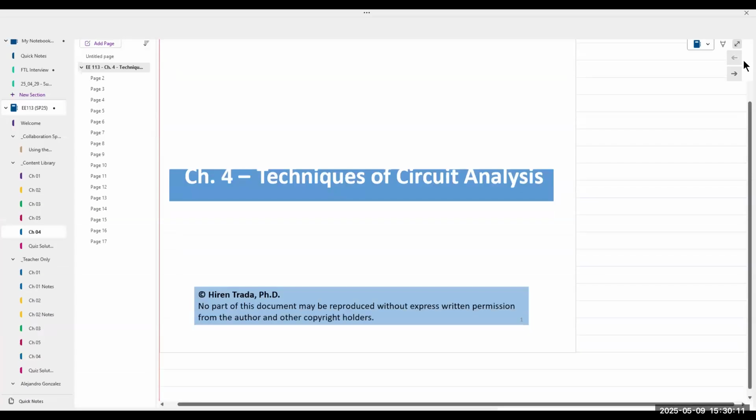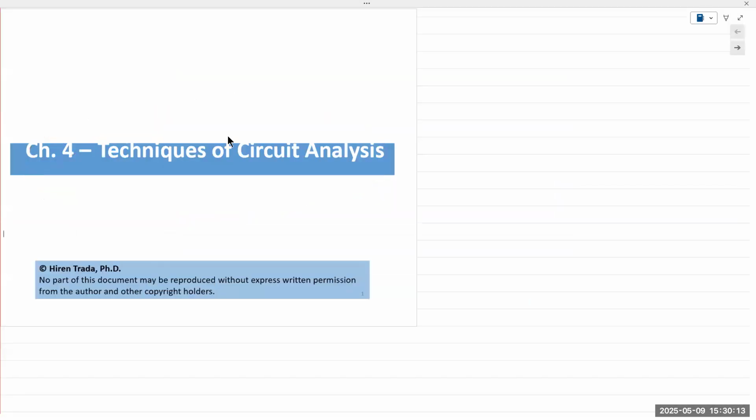Our book calls chapter 4 techniques of circuit analysis. And here is where we learn about node voltage, mesh current, superposition, and then the Thevenin-Norton theorems.